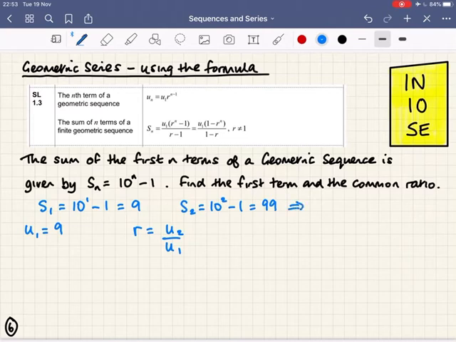So if the sum of the first 2 terms is 99, then my second term must be equal to 99, subtract the value of the first term, which was 9. So my second term must be equal to 90. So my common ratio will just be 90 divided by 9, which is equal to 10. So I've answered the question there. The first term is 9 and the common ratio is 10. And I was able to derive that information just by thinking about how the sum was made up.